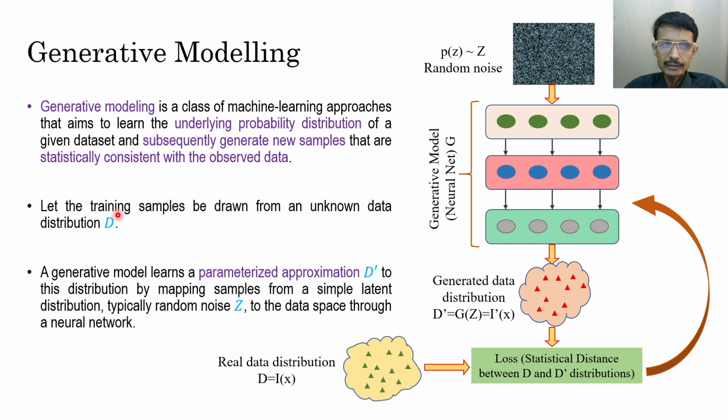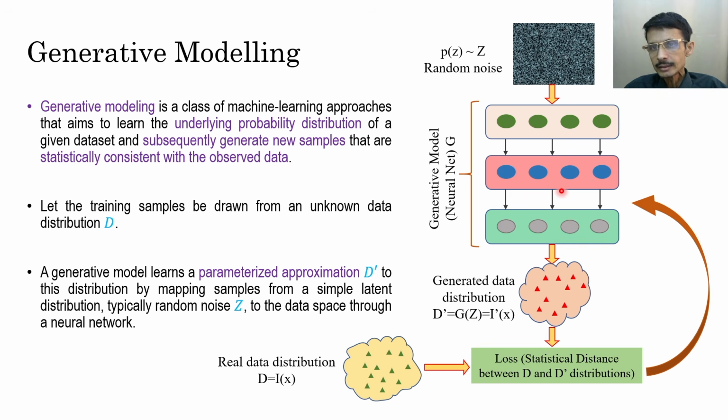Okay, so let the training samples be drawn from an unknown data distribution D. A generative model learns a parameterized approximation. Why parameterized approximation? This generator is a parametric model, basically G of theta, as you can see.